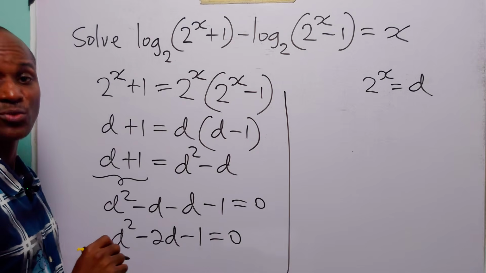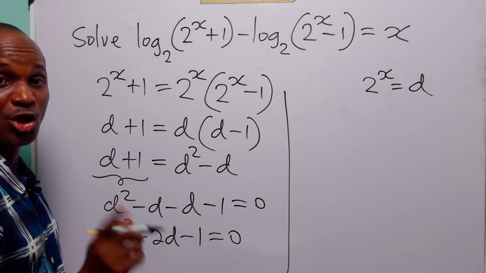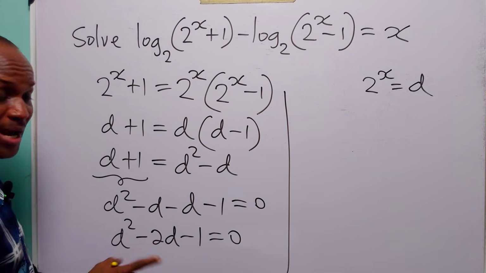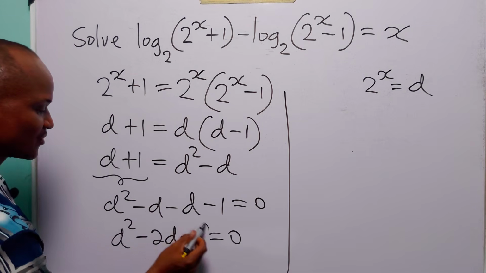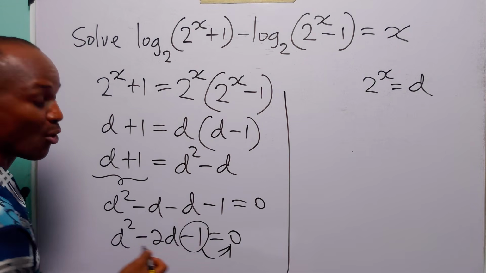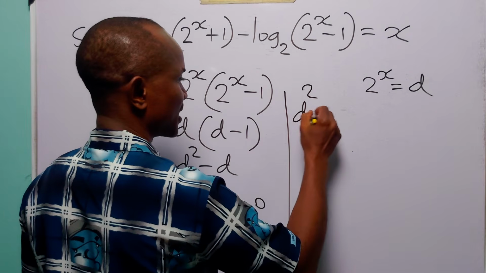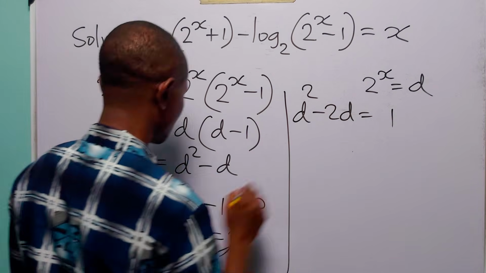Now, we cannot solve this quadratic equation by factorization, so let us complete the square. Since the coefficient of d squared is 1, the next thing we have to do is to move this constant term over to the right-hand side. When we do that, we have d squared minus 2d is equal to 1.